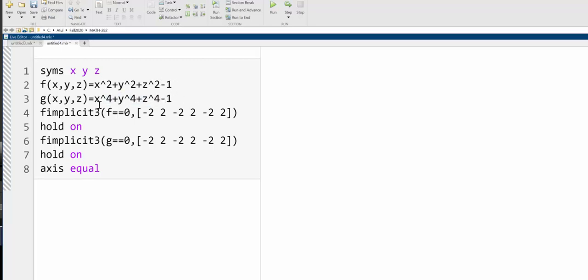So what should these level surfaces do? They should just have common tangent planes or common normal lines at these points. I have posted the script along with the description of the video.